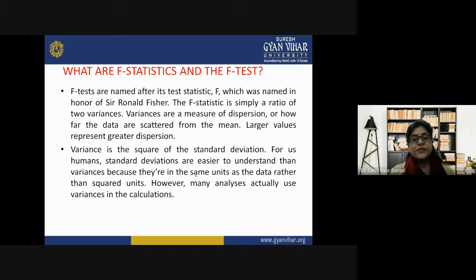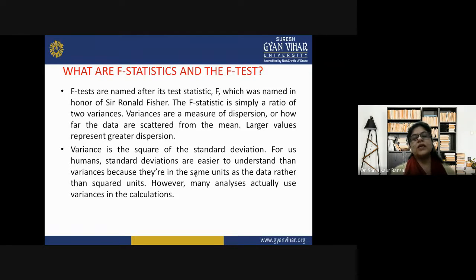The F-statistic is simply a ratio of two variances. Variances are a measure of dispersion, or how far the data are scattered from the mean. Larger values represent greater dispersion.